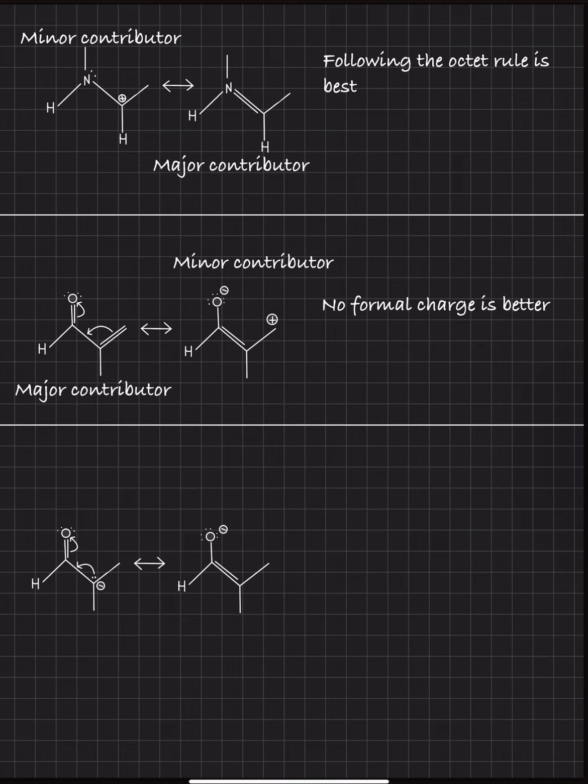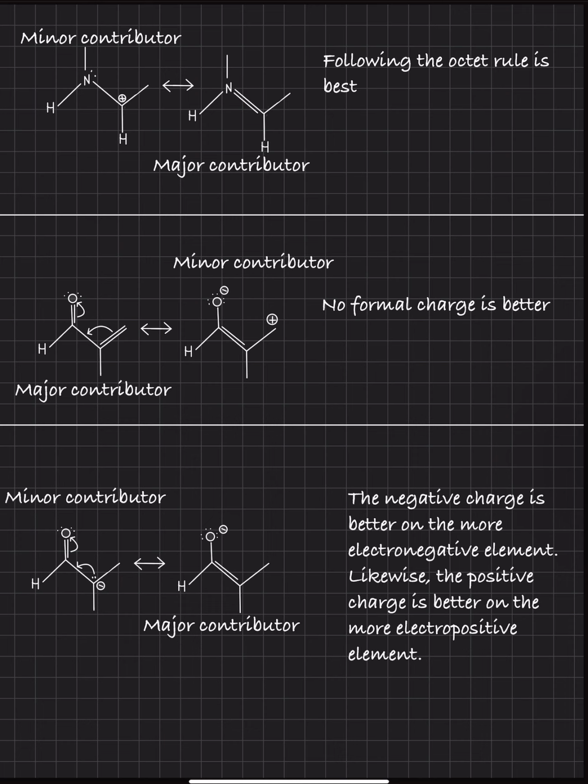The positive charge is better on the more electropositive element. So in this example, the negative charge would be better on the oxygen. Again, because oxygen is more electronegative. So now let's go over equal contributors and resonance hybrid.